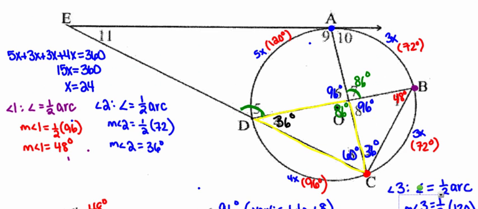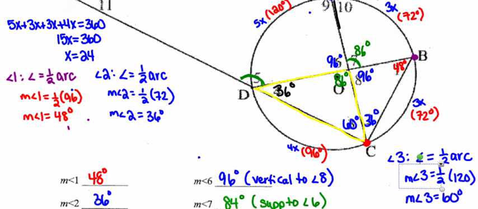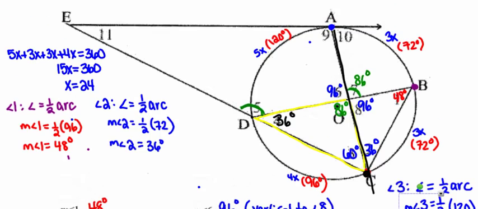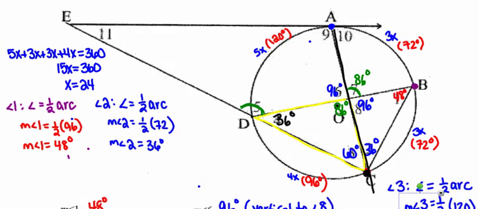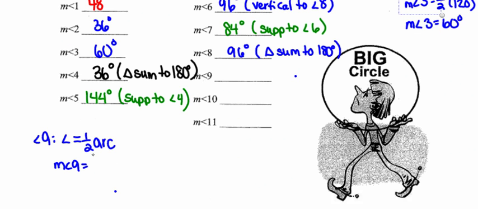If I go back and trace over the sides of angle 9, we're looking at the arc that lives here between C and all the way back up here at A. So we're looking at that whole arc that encompasses the 120 plus the 96. So the 120 plus the 96 is 216, half of which makes the measure of angle 9 108 degrees.